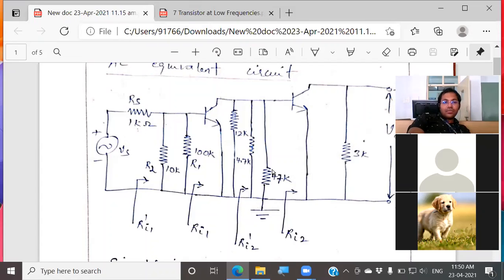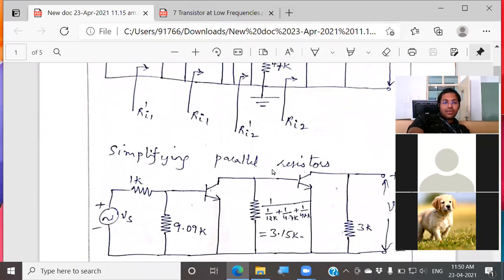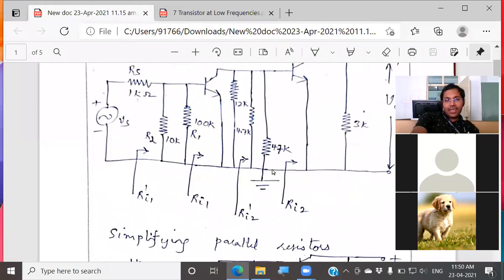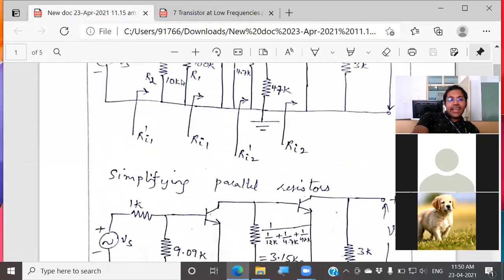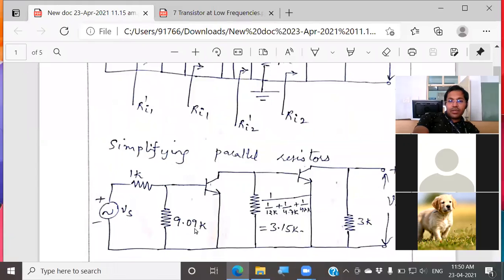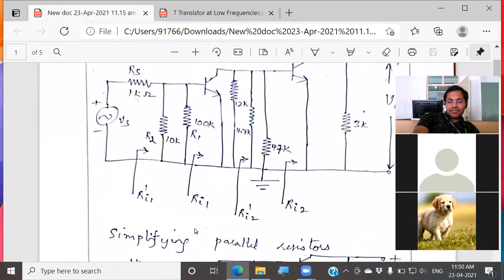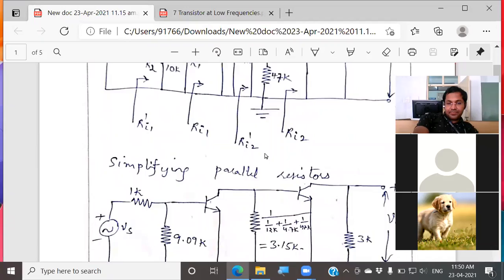First we are replacing this 10K, 100K: 10 into 100 by 10 plus 100. If you do this, you are getting 9.01K. Next, three resistors in parallel: 1 by 12K plus 1 by 4.7K plus 1 by 47K.